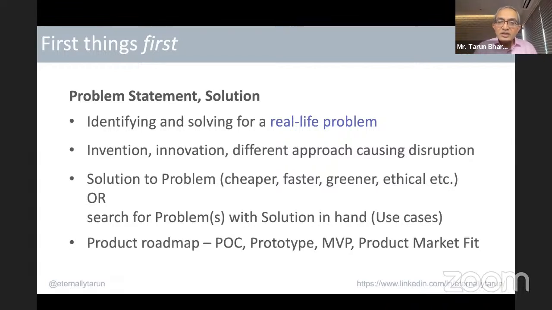And given this, you start to have a product roadmap from a proof of concept to a prototype, to a minimum viable product, and to a product market fit eventually. All this would happen over a period of time, which could be 1 year or 2 years or whatever time it takes, right?